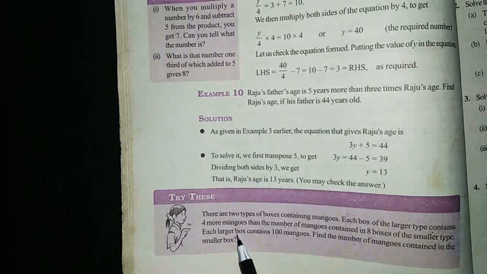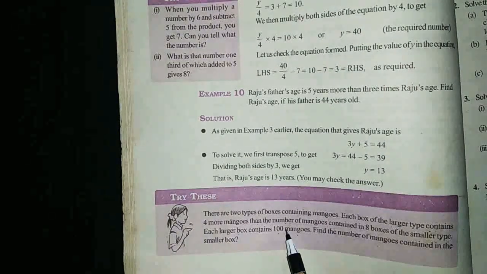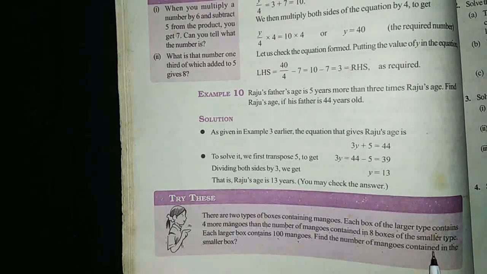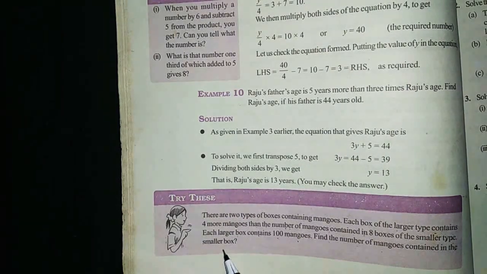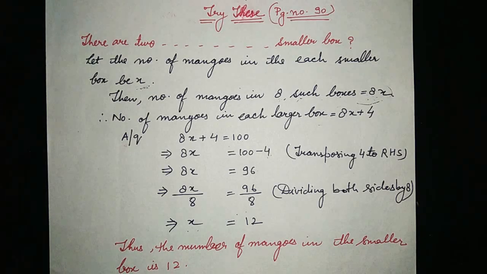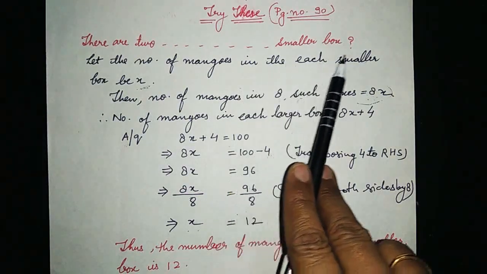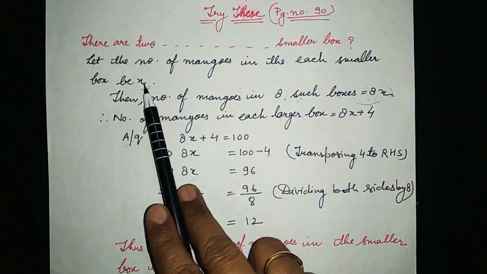Each larger box contains 100 mangoes. Find the number of mangoes contained in the smaller box. Students, in this question we will assume number of mangoes in the each smaller box. So here we will write the statement, let the number of mangoes in the each smaller box be x.